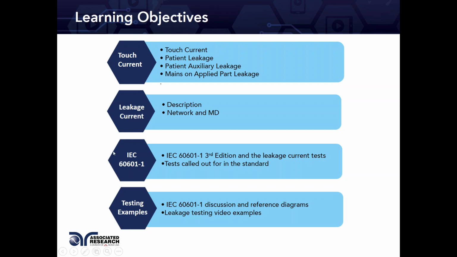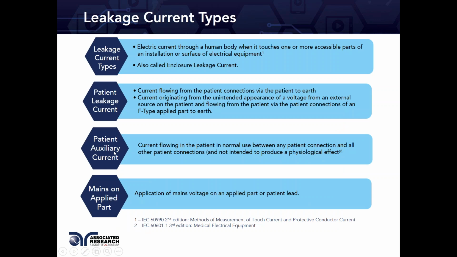So these are our learning objectives for today. First, we want to start with the types of leakage current. What type of leakage currents you could have. Now, a definition of touch current is electric current through a human body when it touches one or more accessible parts of an installation or surface of electrical equipment.